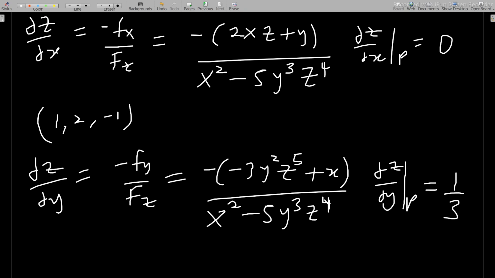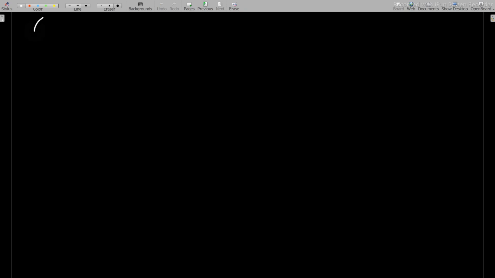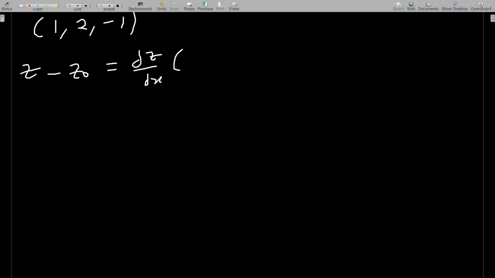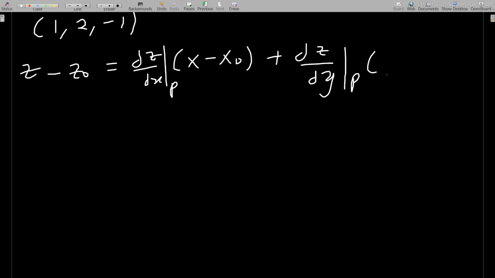So you put your x, y and z values in, and you get that. Very simple. You know that the point is 1, 2, negative 1. So let me write the formula: z minus z naught equals del z del x simplified at p into x minus x naught plus del z del y simplified at p into y minus y naught.